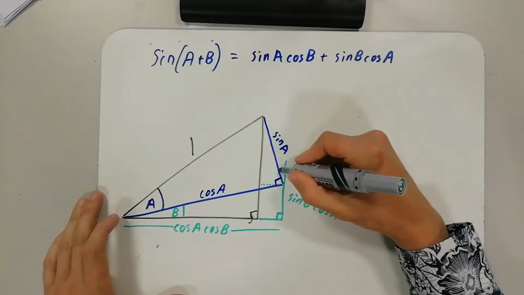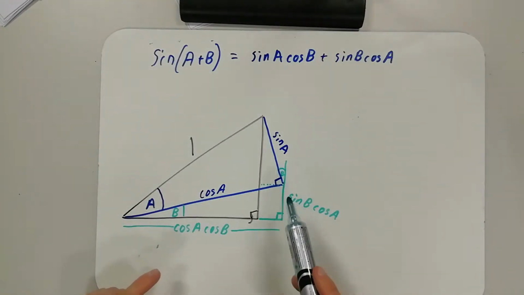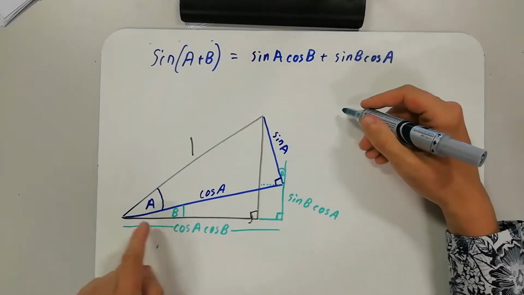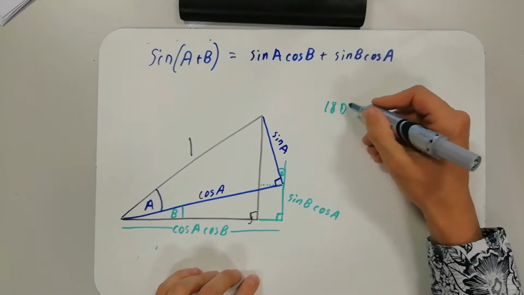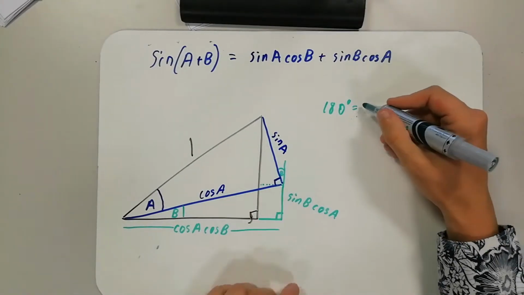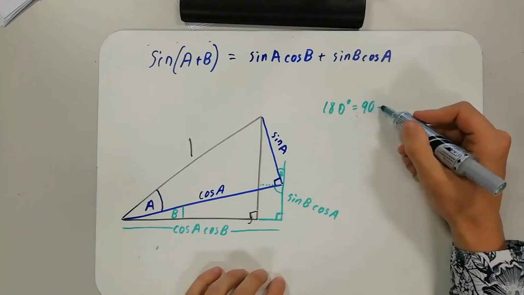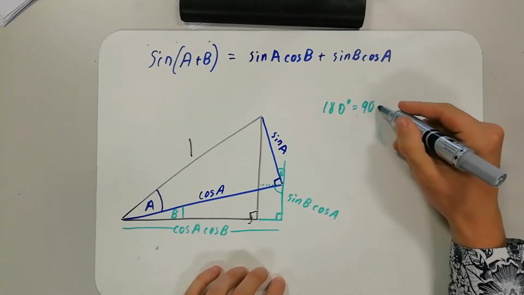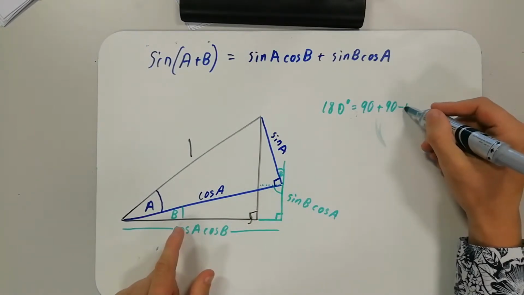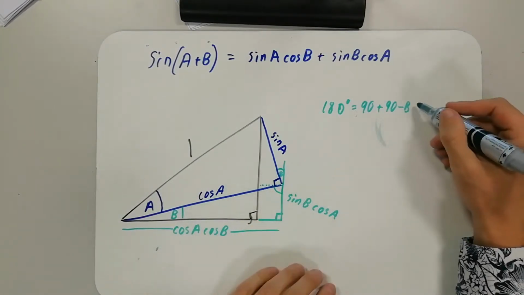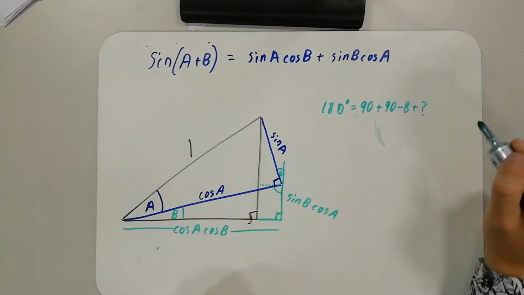We can just extend that line, and we can see that this angle here is angle B. If you're unsure why that is, again, we've got a straight line, 180 degrees. We know one of the angles is 90. This angle here will be 90 minus B. And then we've got that extra angle that perhaps we don't know yet.